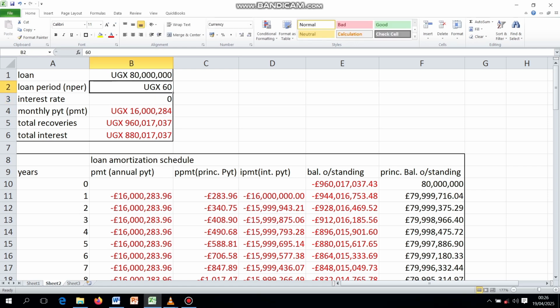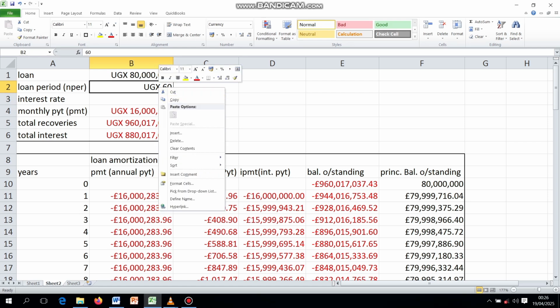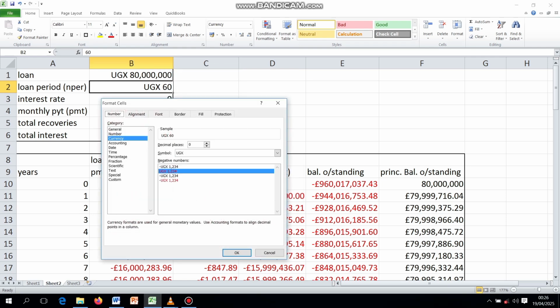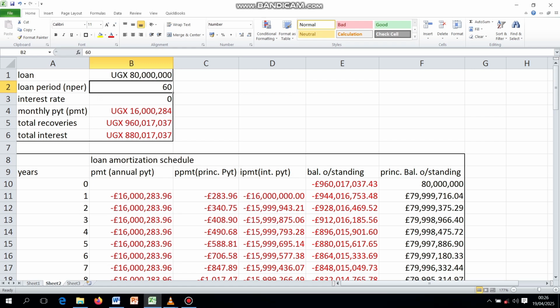Why? Oh, format cells, put none. Now I'll put OK. 60. Then the interest rate.